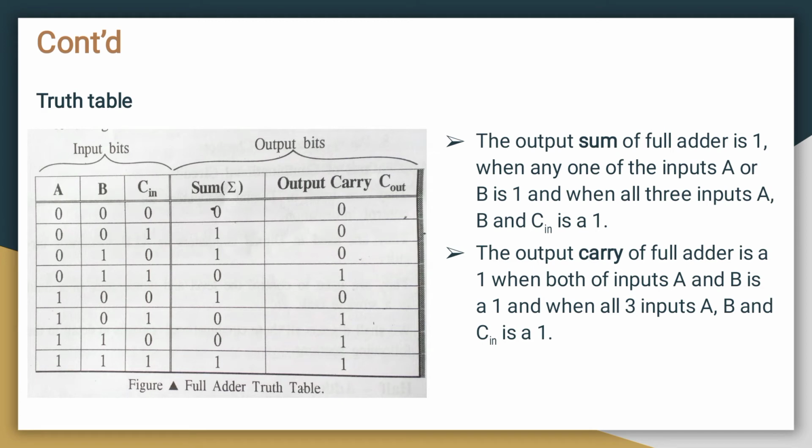So next is the truth table. In the truth table, we have to write the inputs, which are 3. So here we have to write the 3 combinations. That is all zeros, next 1, then 2 ones, like this.